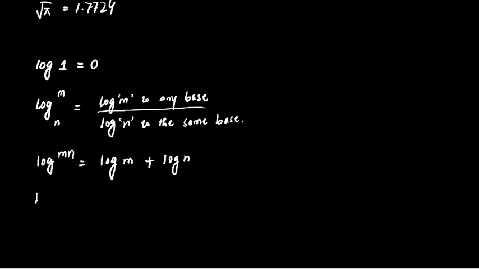And if you have any condition like log of m divided by n, then you can write it as, this division will convert into subtraction. Log of m minus log of n. And sorry, in the previous case, it is in the form of multiplication, log m multiplied by n.